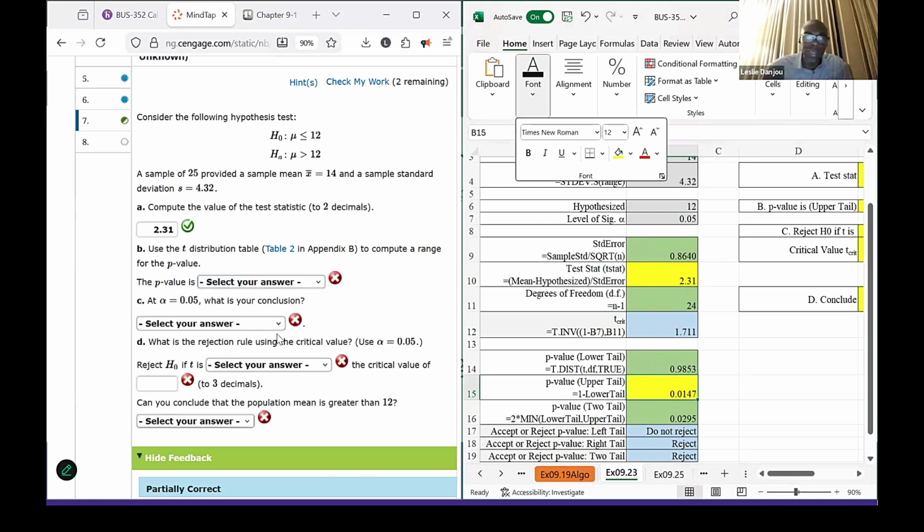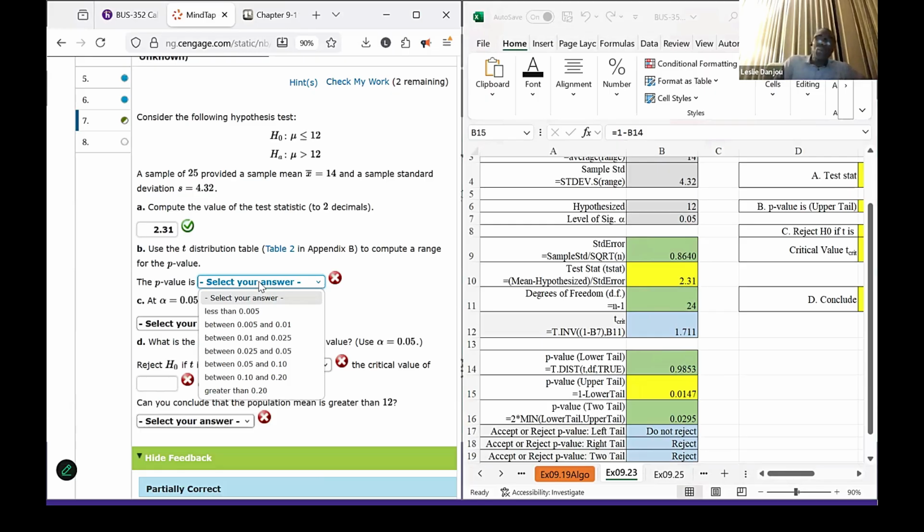For the p-value, even though it's multiple choice, they want you to get this right. The way I do it is I look at my decimal places and where I see my first number. I see 0.01, the first actual digit in my answer, and it comes after the second decimal place.